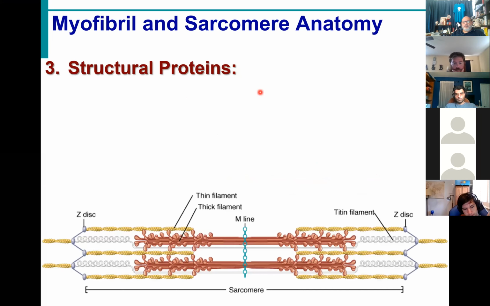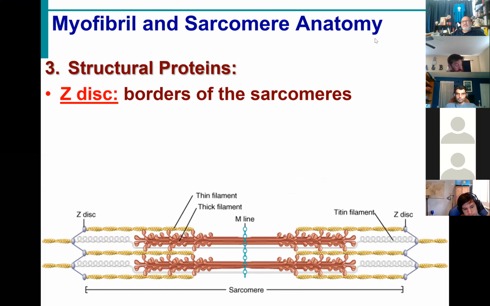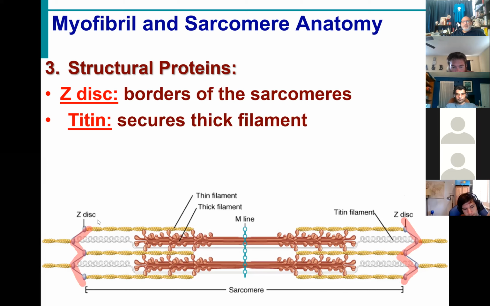Lastly, our structural proteins help us to put this together to form our sarcomere. We have our Z discs, which again form the boundaries of our sarcomere. Our titin, that is that big, huge protein. And again, one of the things I want to emphasize, coiled like at the end, and then it stabilizes the myosin and actually connects to the myomesin at the center.